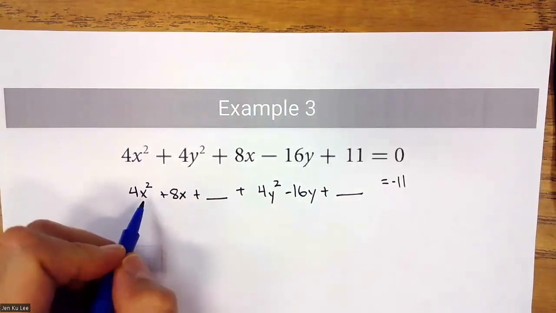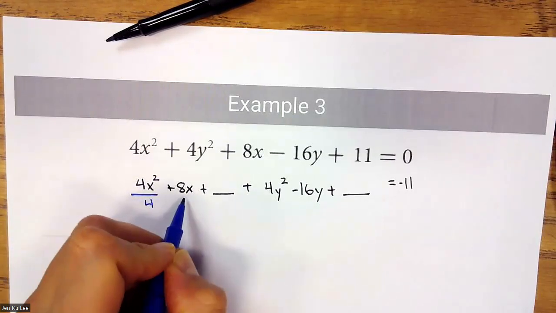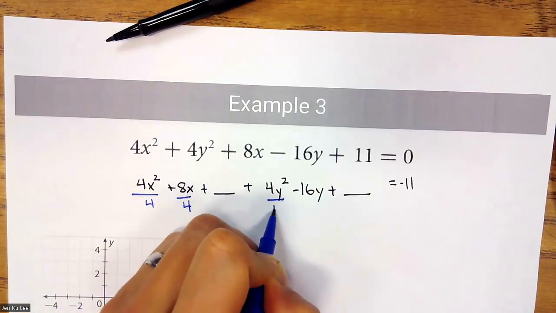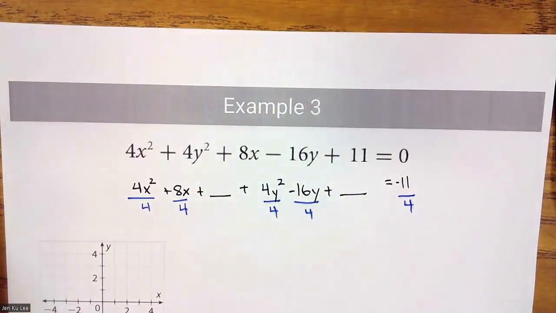So you know what I'm going to do? If there's a coefficient here, just divide it out. Divide by 4, divide by 4, divide by 4, divide by 4, divide by 4. Okay?